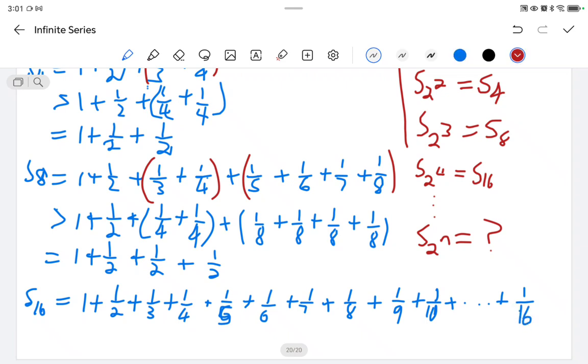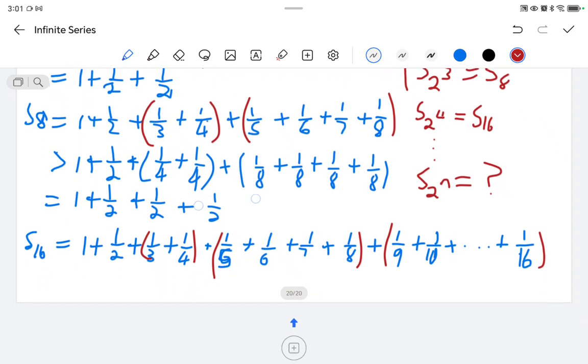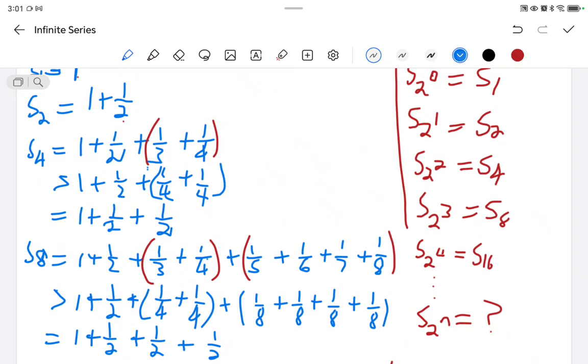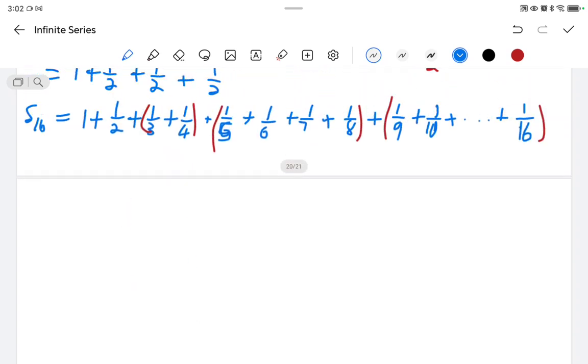So I come and check. Here we had put this inside brackets, 1 over 3 plus 1 over 4. Then we had put 1 over 5 up until 1 over 8. That means that the remaining will be in its own brackets. Then this will be greater than 1 plus 1 over 2 plus 1 over 4 plus 1 over 4.